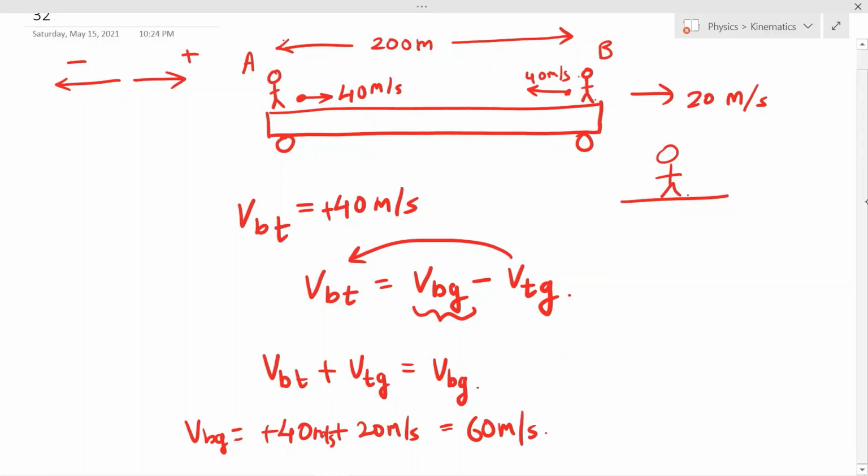So in no time this ball acquires 40 meter per second speed. So let's say this person now throws the ball with a 40 meter per second velocity in this direction towards person A. Then what will be the velocity of the ball with respect to a stationary observer on the ground?